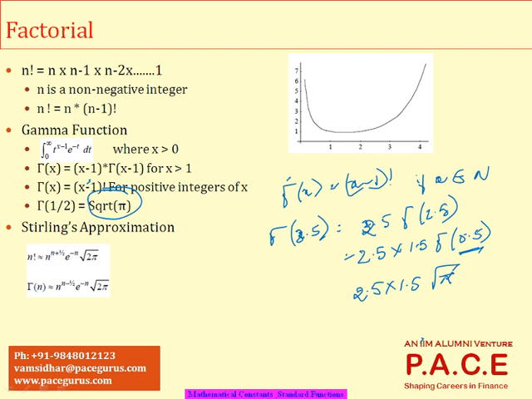But if it is not an integer, then you can do something like this: x minus 1 into gamma x minus 1. Repeat the process in an iterative fashion and try to get the value of gamma. Finally, if it comes out as gamma of 0.5, you can approximate it as square root of pi itself.